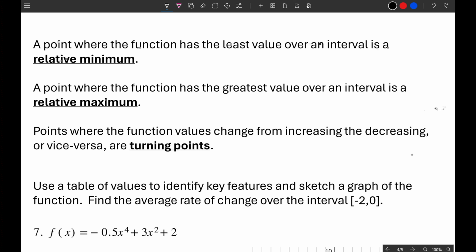So we have -3, -11.5, which would be about right there. -2, 6. -1, 4.5, 0, 2, 1, 4.5, 2, 6, and then 3, -11.5.